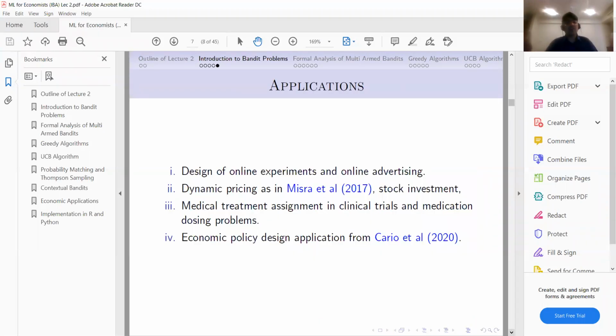This has applications in design of online experiments, online advertising, dynamic online pricing. So for example, Amazon and a lot of other companies, Google and so on, have online pricing, and they are pricing millions of products, and there are millions of transactions per day, in a very short period of time.